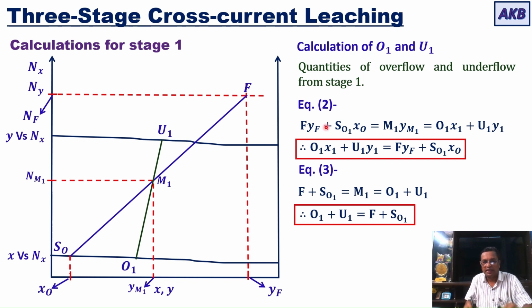So with this, calculations for stage 1 are completed. At the end of calculations for stage 1, you know x1, y1, n1, and the quantities of overflow and underflow, O1 and U1. Now we have to proceed to stage number 2.